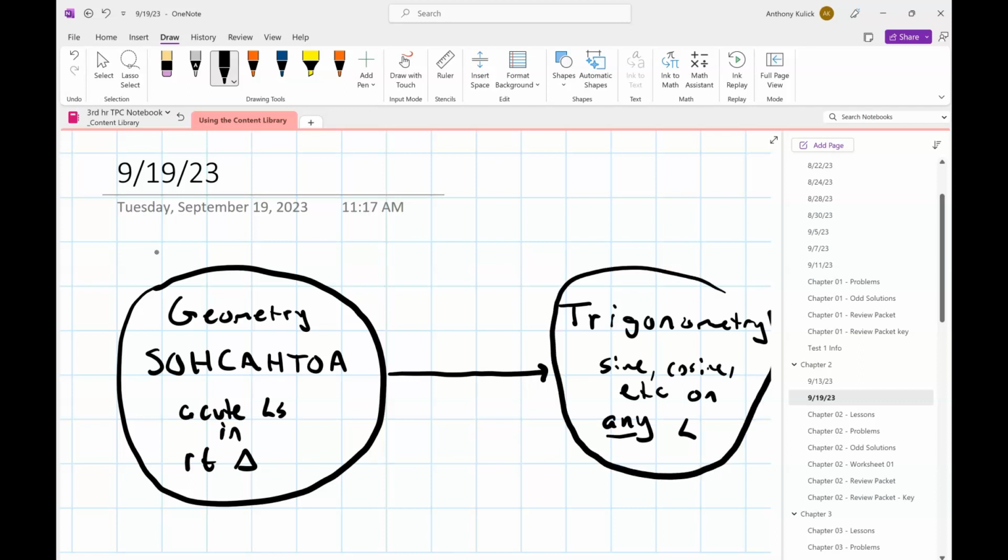is that we want to now define sine, cosine, etc. on any angle. So no longer do we want to be tied into a right triangle or tied specifically to acute angles. So that's what we're going to be building out towards in this chapter.